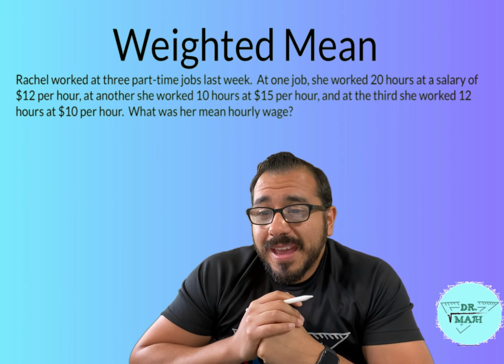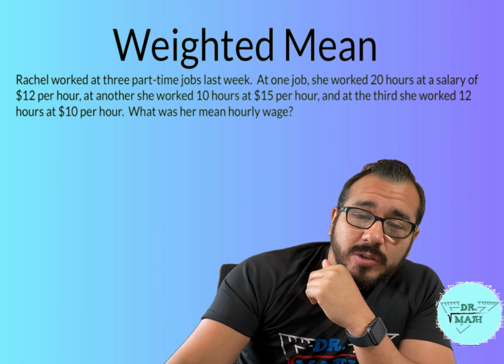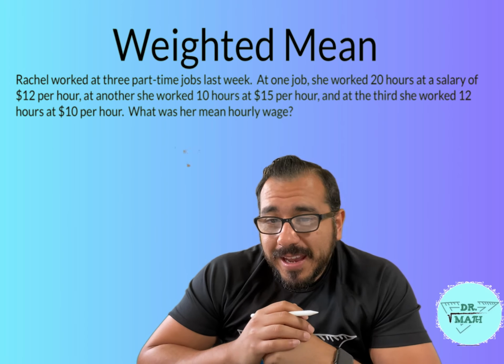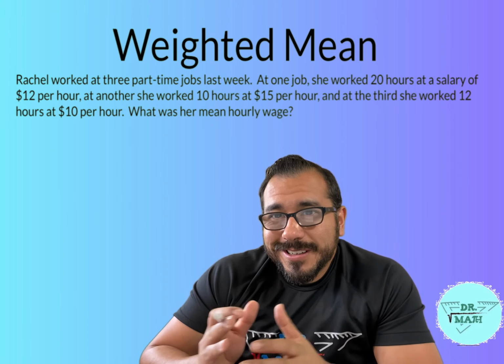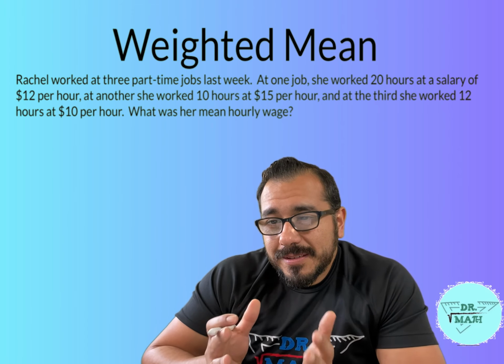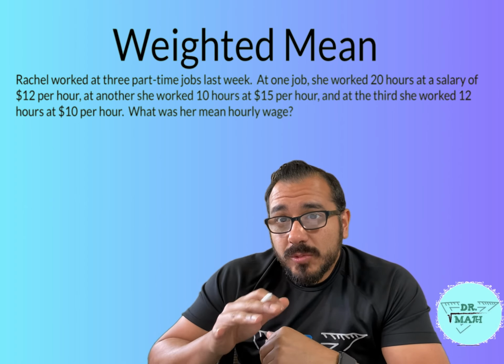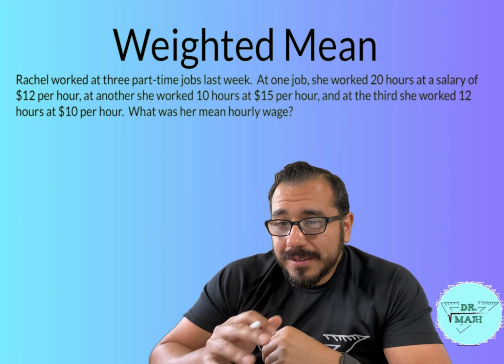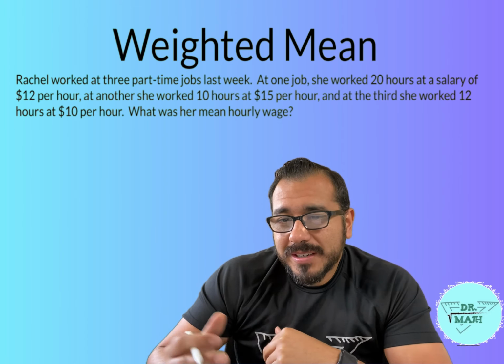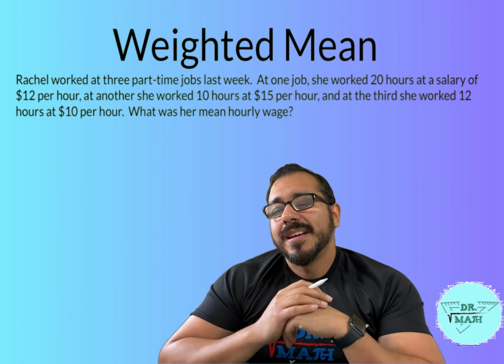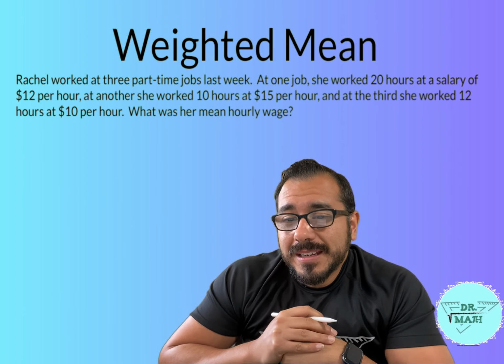And at the last job, she worked 12 hours, earning $10 per hour. And I don't know where you're listening to this from, but this is real life for so many people around here. I'm in California, and this is really tough, especially during times like these. So what we're going to do is calculate her mean hourly wage.